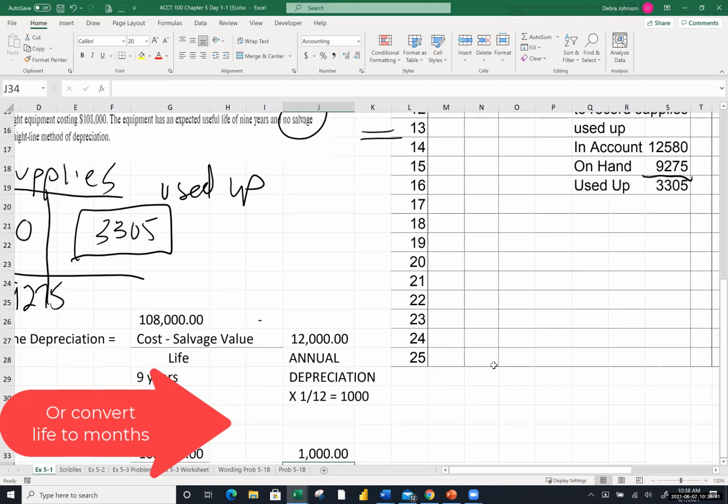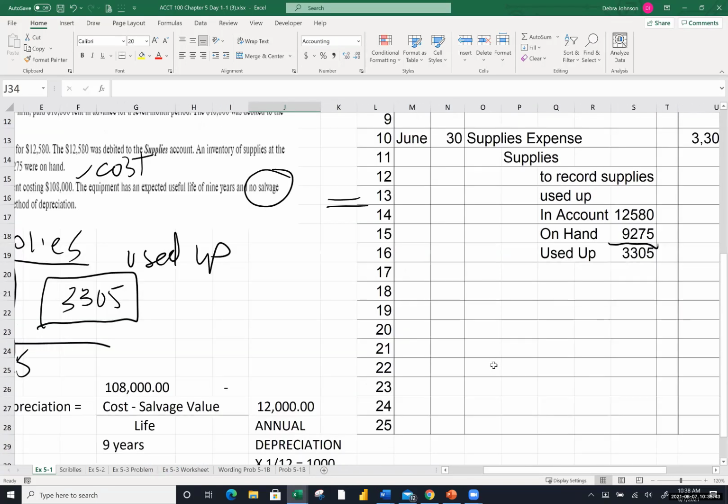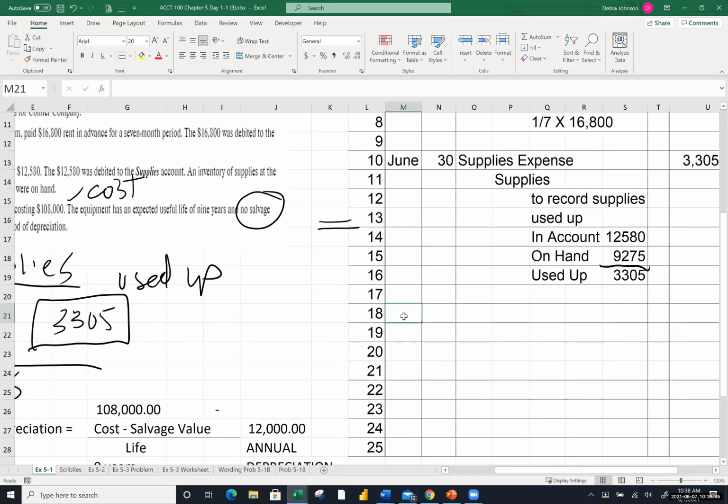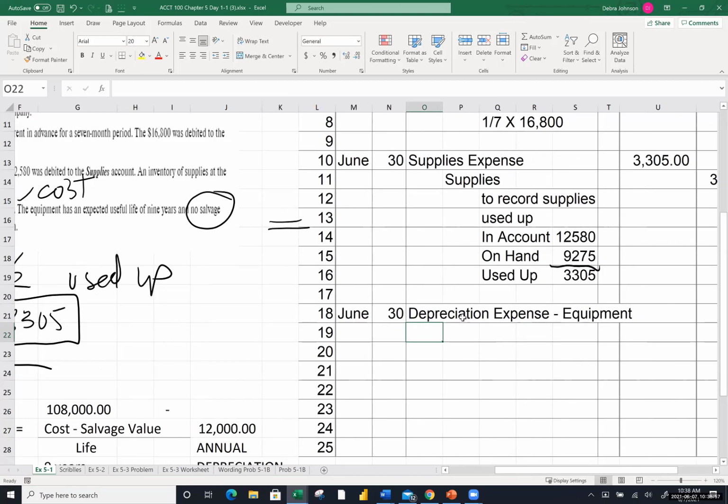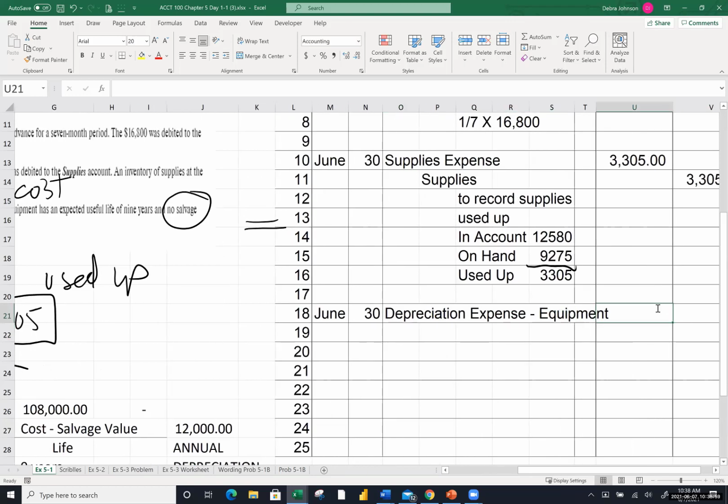All right, then this is the one you're most likely to miss because it has that funky credit, right? I know that for all these, I'm using an expense. So most people don't have a problem getting that depreciation expense. That's usually not where the problem lies. The problem lies in the credit.